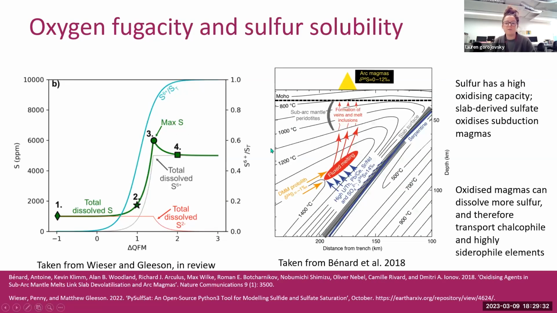There's an interdependence, or a circular relationship, between sulfur and oxygen fugacity. On the one side, sulfur in, for example, mid-ocean ridge magmas has very low solubility. We can put about 1200 ppm of sulfur into a silicate magma until it starts to fractionate sulfides, so mid-ocean ridge magmas are capped at this 1200 ppm mark.